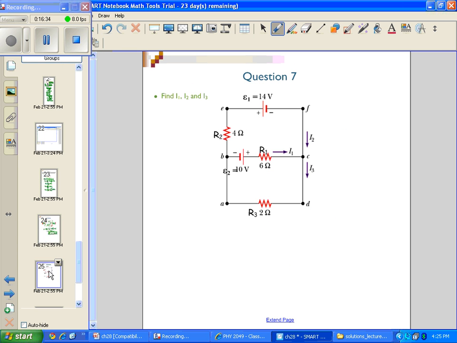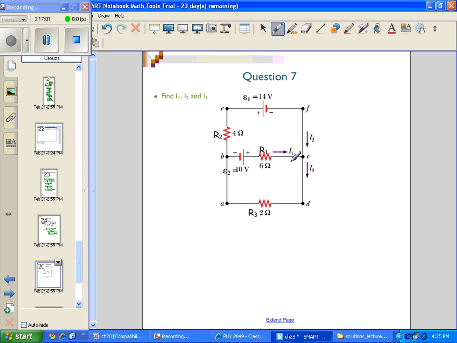Let's view another problem, which is Kirchhoff's. Here we see that we've got two batteries and we have three resistors. We have multiple points along the two smaller loops and the one larger loop that is described by this particular arrangement.